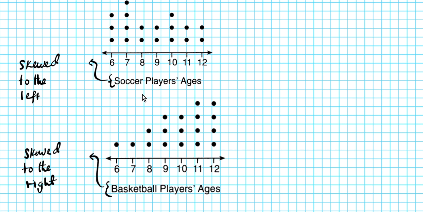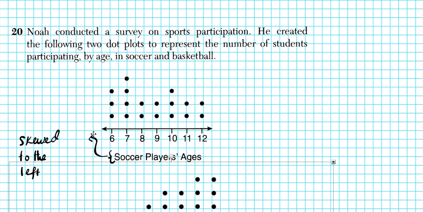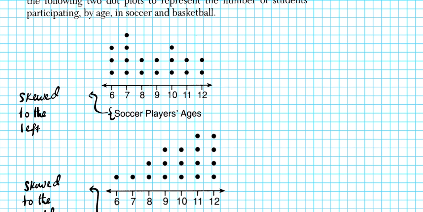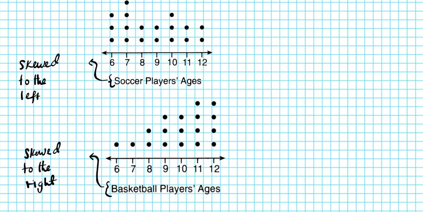If you look at the number of student participation for soccer, it goes from 6 all the way to 12. Your spread here is basically the range from the smallest to the highest number of data values for your dot plot.